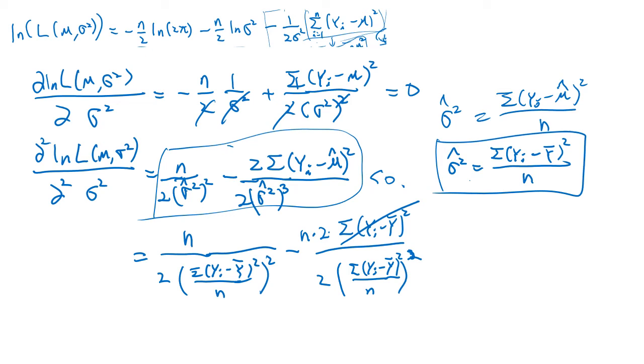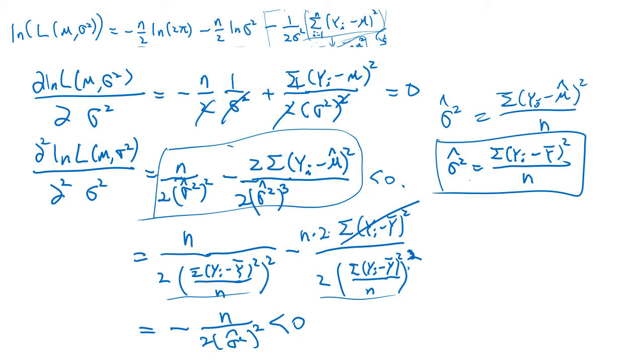Okay, then since these are the same, this becomes minus n over 2 sigma square hat squared, which is less than 0.